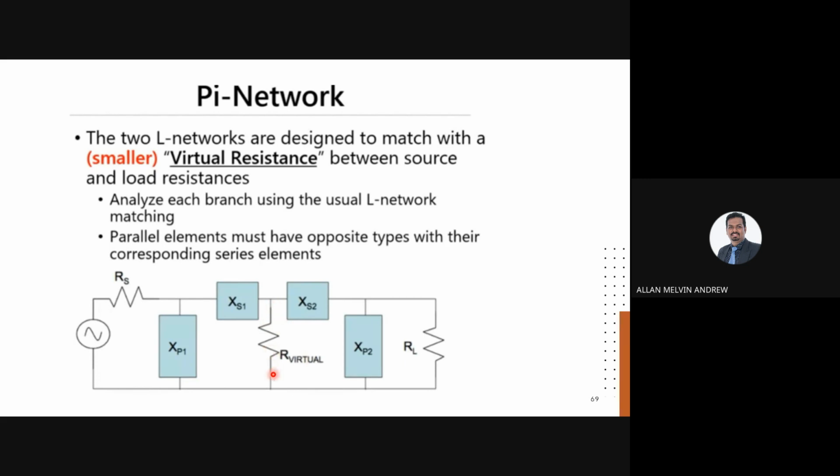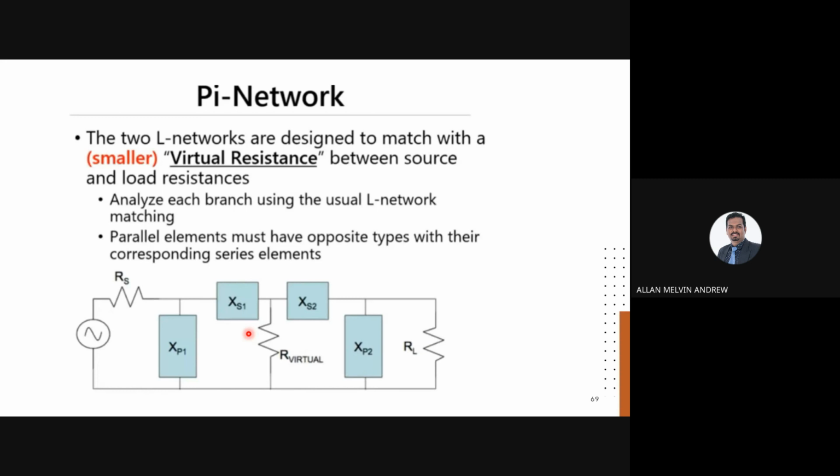The virtual resistance is actually a small resistance in order to control, like for you to tune the antenna. Normally the antenna in the house, we can tune, right? We can just change the direction in order to get better transmission.